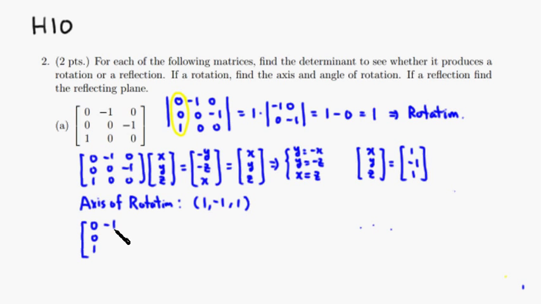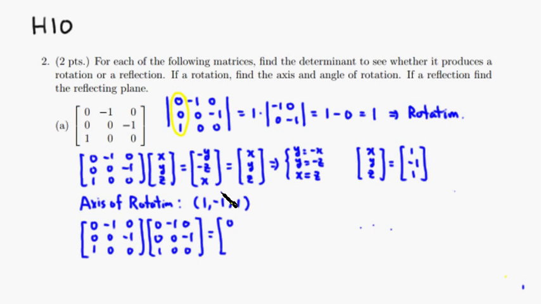So that's one rotation. If you do 2 rotations, where would it go? I'm going to multiply the matrix by itself: 0, 0, negative 1, 1, 0, 0. This times that gives you 0, 0, 0.